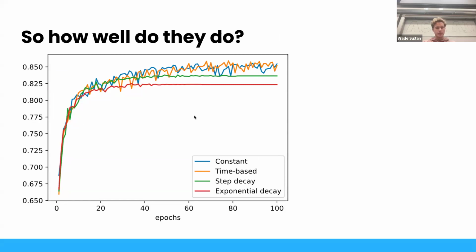We can see that constant and time-based, at least in this graph, perform the best. Step and exponential tend to get a little bit less accuracy. They still do well, but not as well as the other schedules.